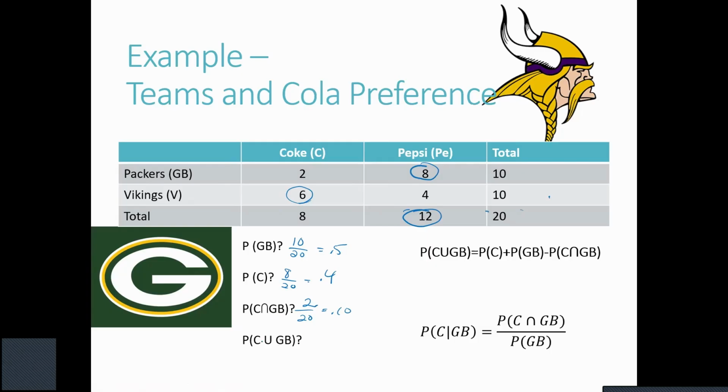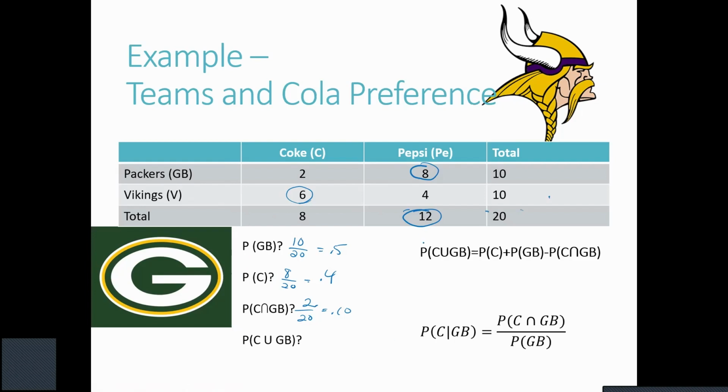But what about the probability that you like Coke or Green Bay? Now that gets a little bit more complicated, because there are 8 people that like Coke and 10 people that like Green Bay, but 2 of those overlap because they like Coke and Green Bay.